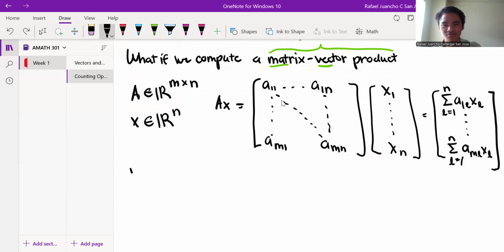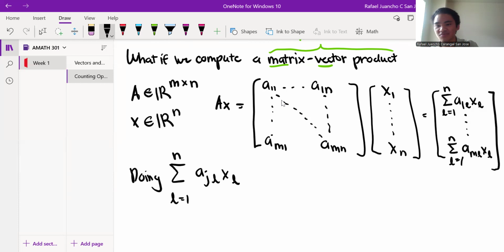So what do we notice? From our previous example, doing this summation here, let's say l is 1, we go all the way to n, ajl xl. Why did we call it j? Because j is just a variable. It depends. Are we on 1? Are we on 2? Are we on m? j is just this thing here. I could put k, it doesn't matter.